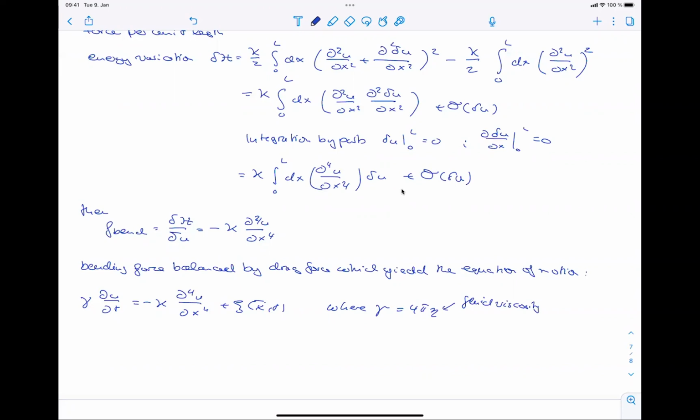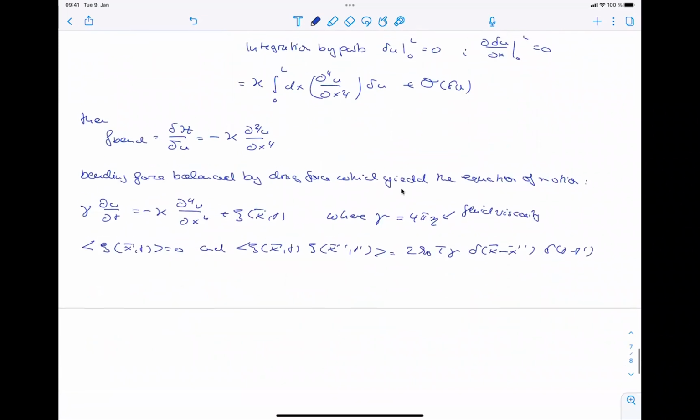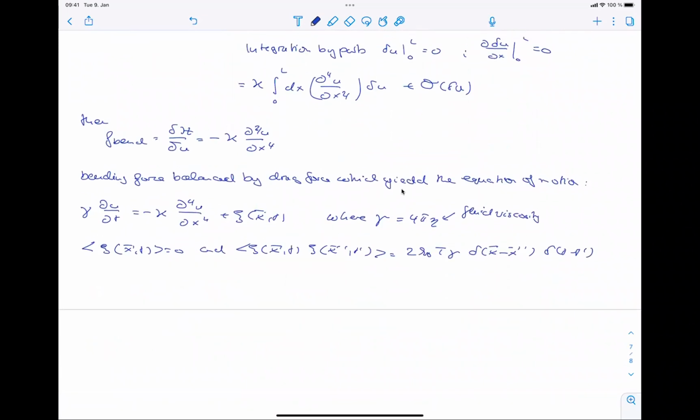And again, for the noise, we assume white noise, which means that the average of psi(x,t) is equal to 0, and the correlation of psi(x,t) psi(x',t') is 2 kBT gamma delta(x minus x') delta(t minus t').